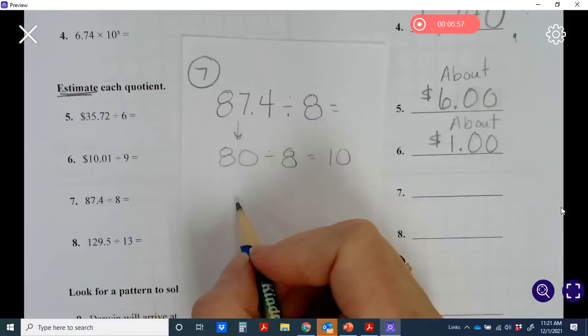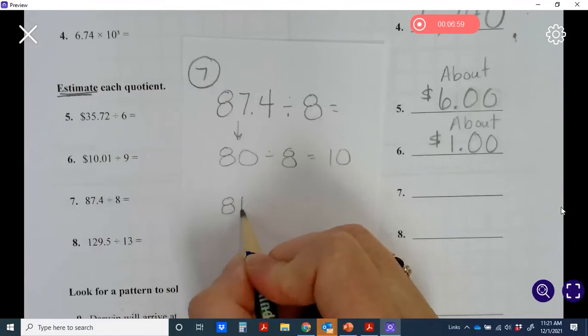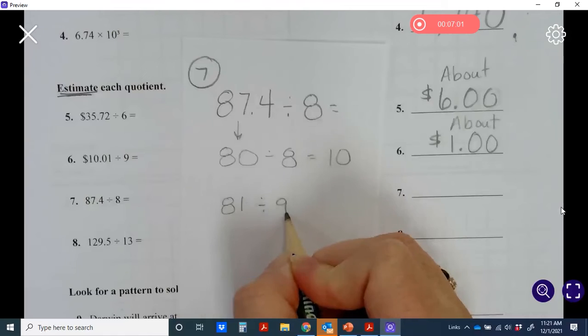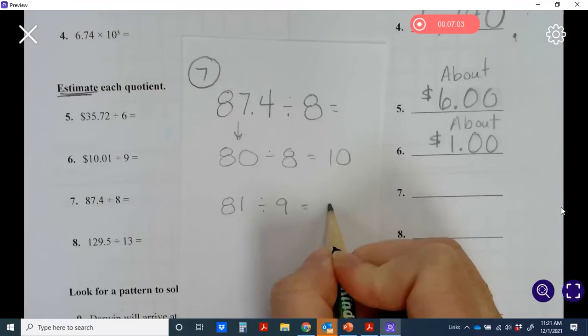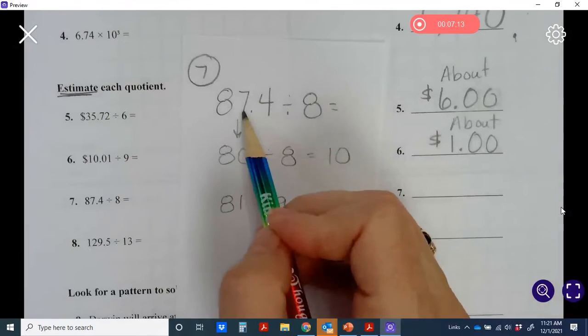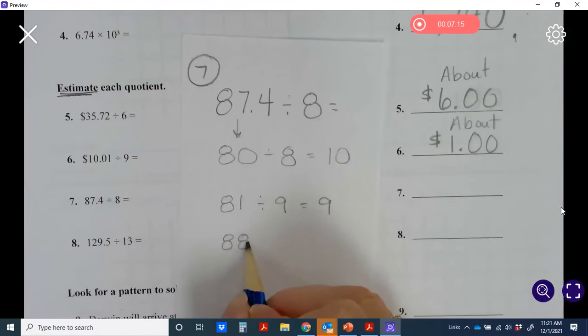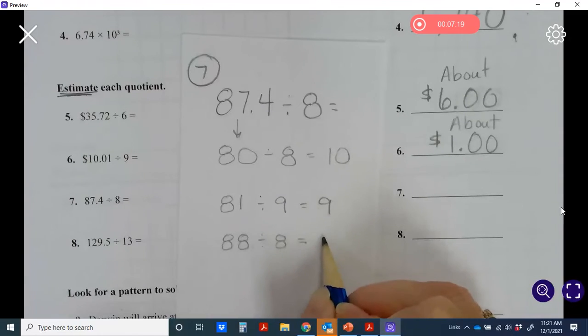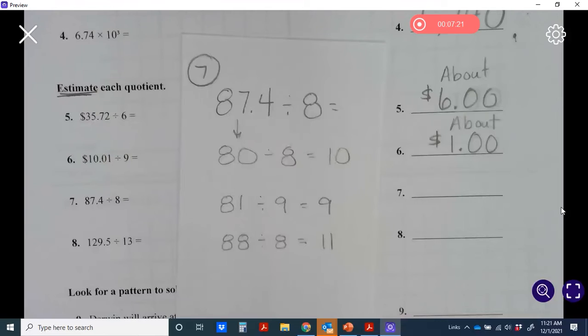But we could do 81 divided by 9 equals 9, okay? I think that might be a better estimate. We could also do 88 divided by 8 equals 11, okay?